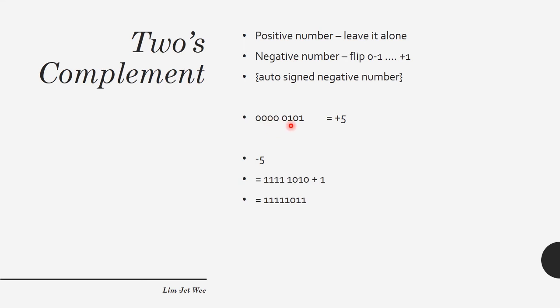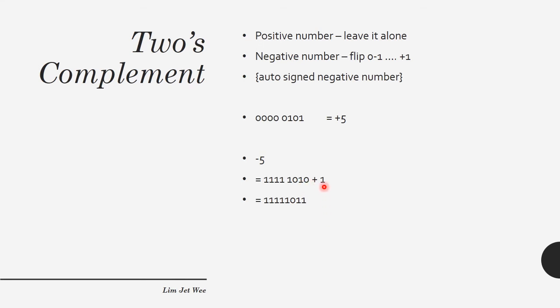Every 1, I change it to 0. So now I will have 1, 1, 1, 1, 1, because all the front are 0. Then instead of 1, 0, 1, now I have 0, 1, 0. So this is the one's complement, and I have to plus 1.